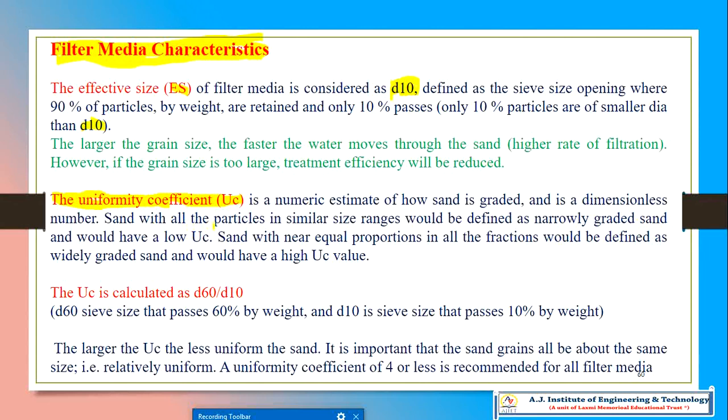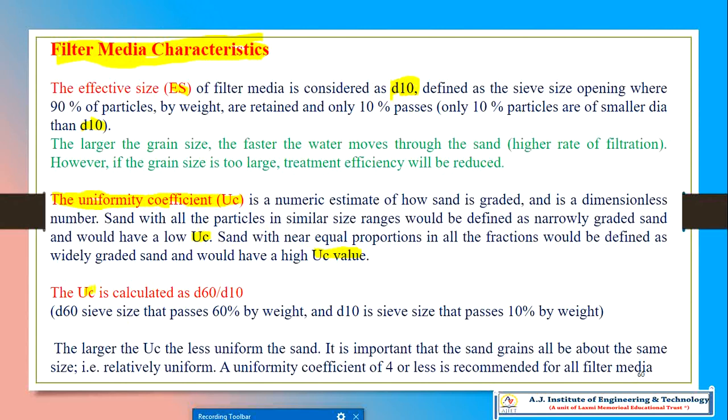Sand with all particles of similar size would be defined as narrowly graded, and would have low UC. Sand with a nearly equal proportion in all fractions would be defined as widely graded and would have high UC values. This UC is calculated by D60 by D10. D60 is the size that passes 60% by weight, and D10 is the size that passes 10% by weight. That is called uniformity coefficient.